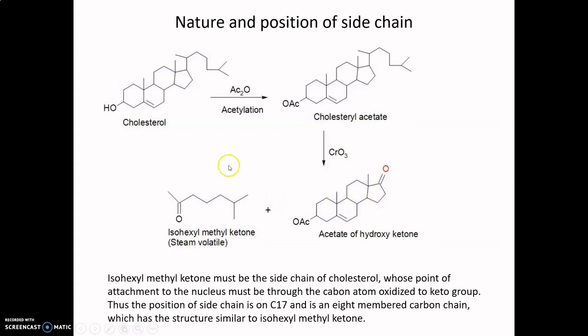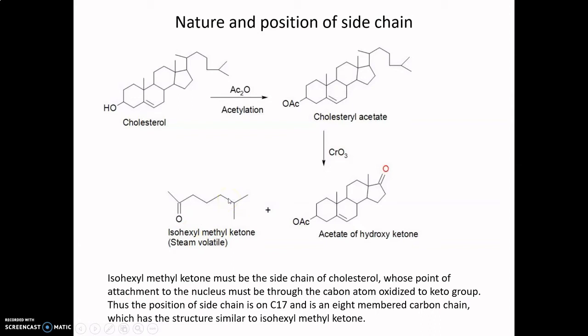And the side chain must be an 8-membered chain because it has a structure similar to isohexyl methyl ketone. This steam volatile compound had a structure similar to isohexyl methyl ketone. Now we need to establish that this steam volatile compound has a similar structure.